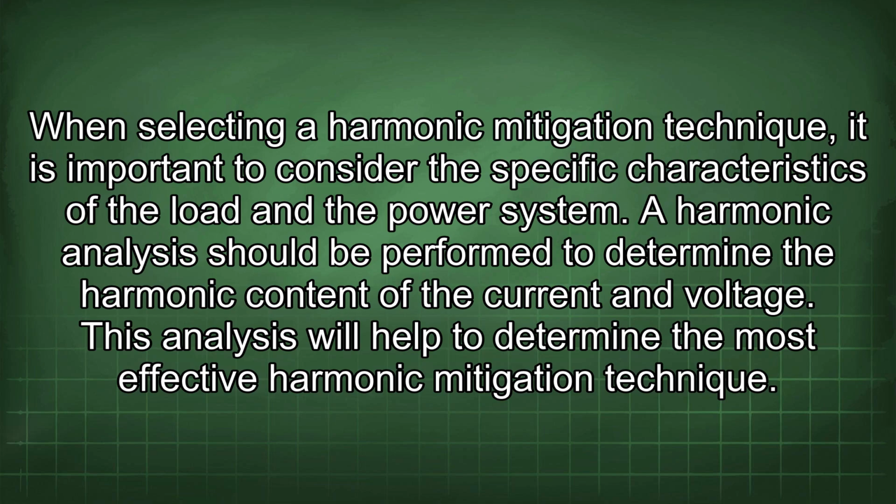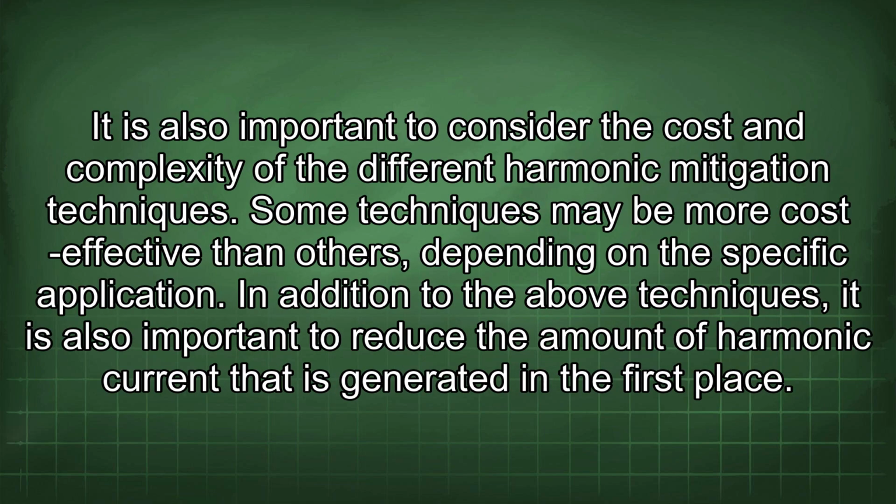A harmonic analysis should be performed to determine the harmonic content of the current and voltage. This analysis will help to determine the most effective harmonic mitigation technique. It is also important to consider the cost and complexity of the different harmonic mitigation techniques. Some techniques may be more cost-effective than others, depending on the specific application.